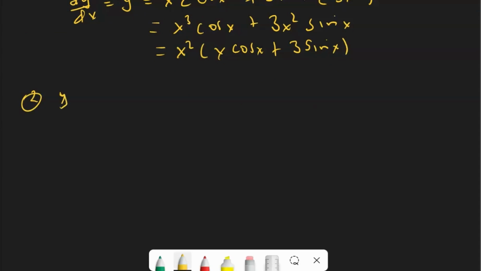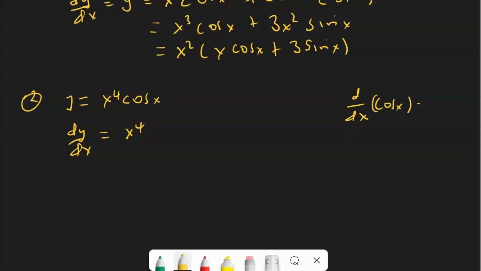If we are given y to be equal to x exponent 4 cos x, and we want to find the first derivative of this, dy over dx, which is equal to, we put down the first function, which is x to the 4 multiplied by the derivative of cos x, and we know derivative d dx of cos x is equal to minus sine x.